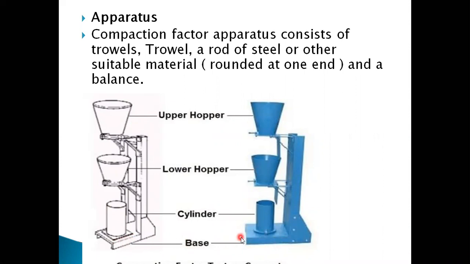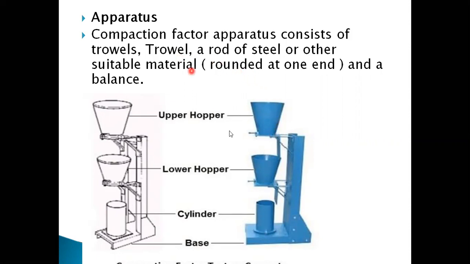The base is provided on which the cylinder is placed. The vertical lines are common so that concrete will fall one by one from the upper hopper to the lower hopper, and from the lower hopper to the cylinder. So it is known as the compaction factor apparatus.